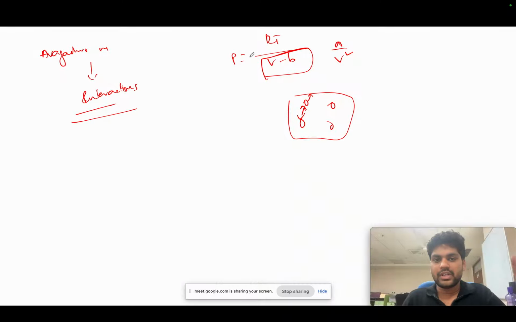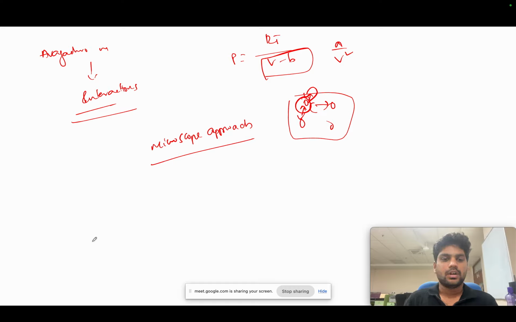We have never carried out the relationship between two molecules, and how the intermolecular force of attraction acts between them. That all will come under the microscopic approach.